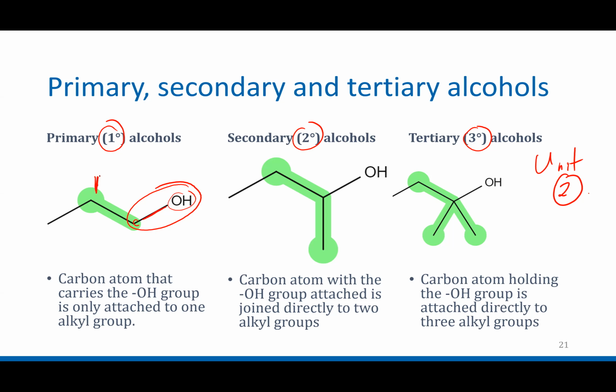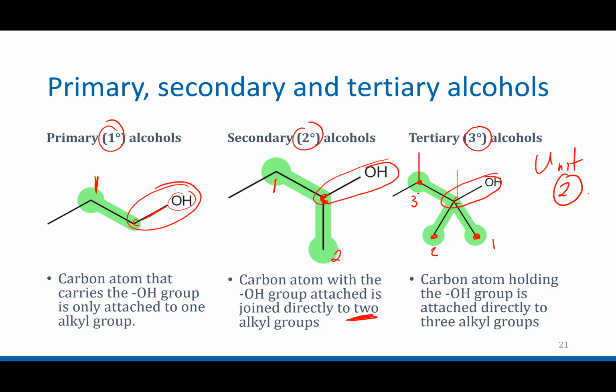We call that primary. Secondary alcohols: my carbon is here. This is the carbon that's attached to my OH. It's attached to 2 other carbons. And tertiary is exactly what you would imagine. It's a carbon with an alcohol group on it that's attached to 3 other carbons.